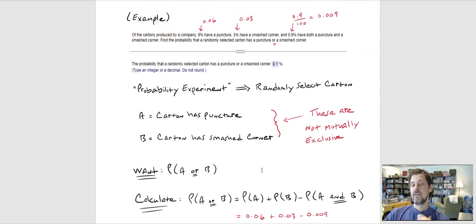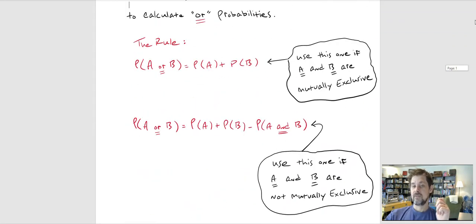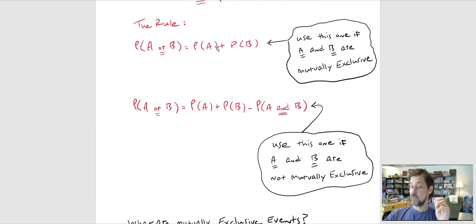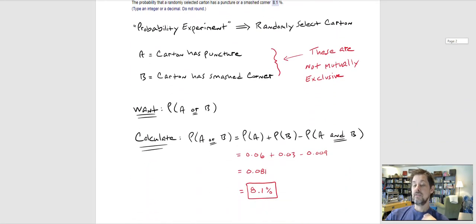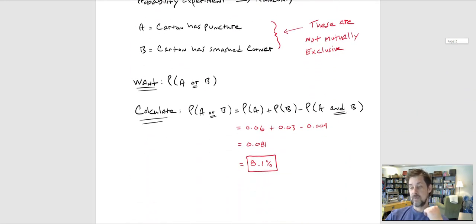Now, I hope that one is a fairly straightforward example of the rule, that we should use this rule, and that you understand how to decide which one of these I would use. I would first decide if the events are mutually exclusive or not.